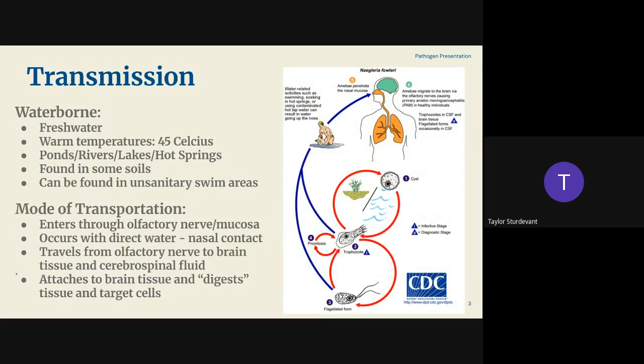Transmission is very rare. It is worldwide, so it's not in a specific region, and it doesn't attack a certain group of people, though young children and males seem to have a higher infection rate of N. fowleri. Most likely that's due to the type of person that's engaging in transmission behavior.